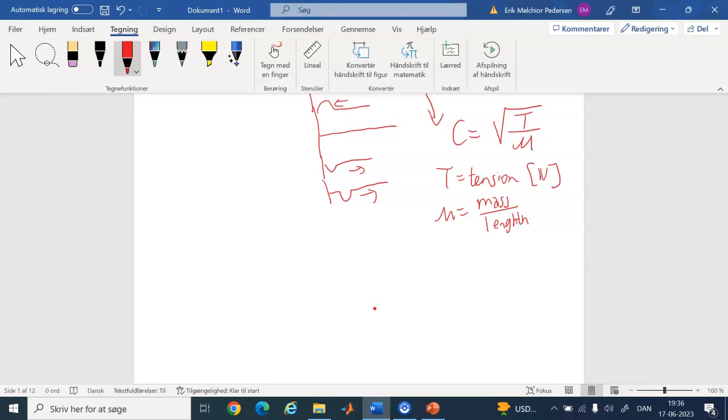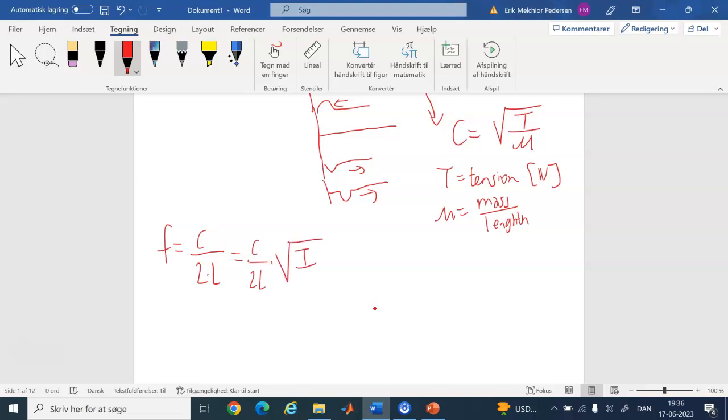The natural frequency f is c divided by 2L, where L is the effective length.